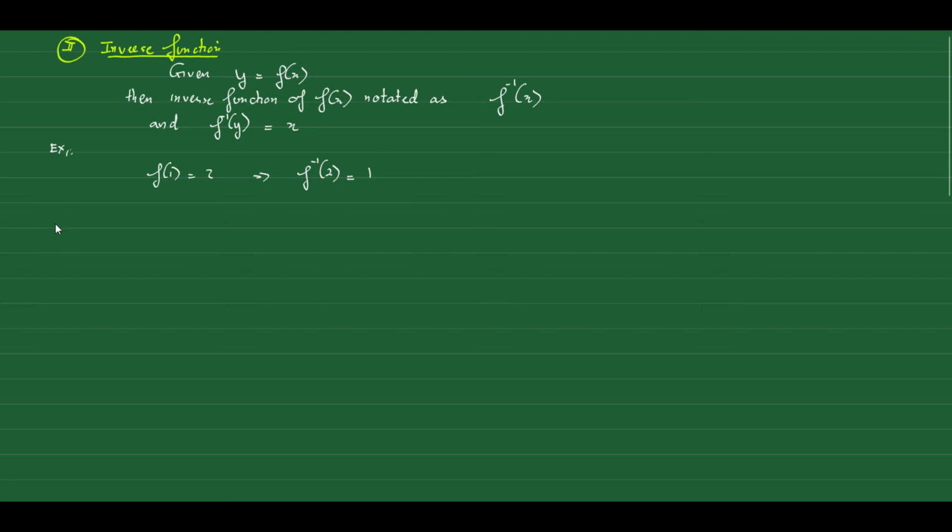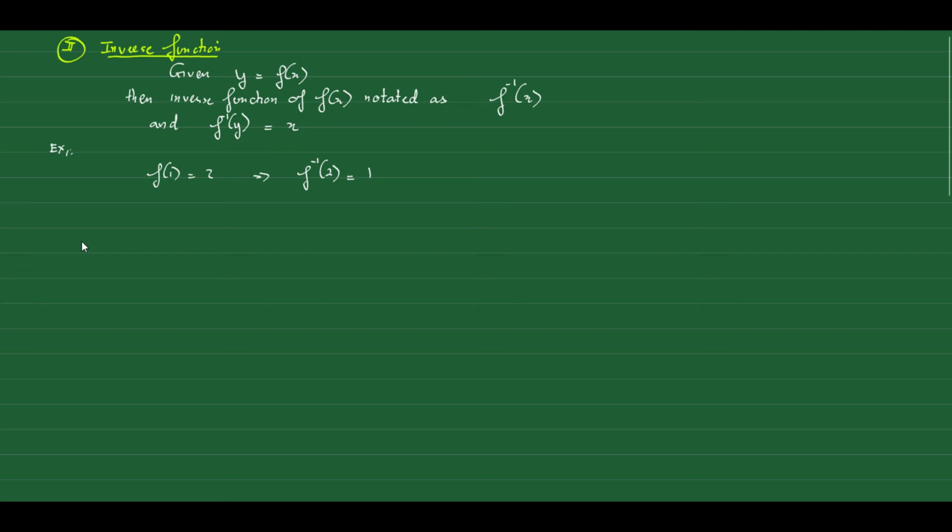Besides, we can also say that given a function f, and f is a one-to-one function, we can name the inverse function as the function g.